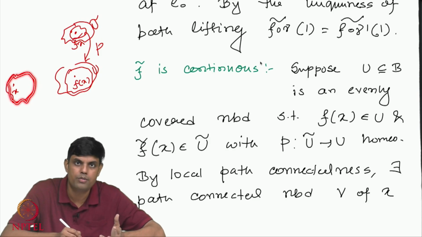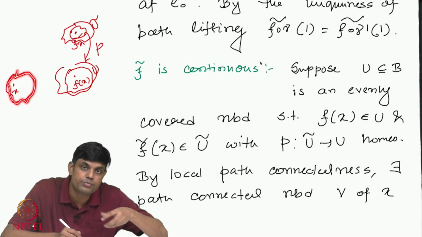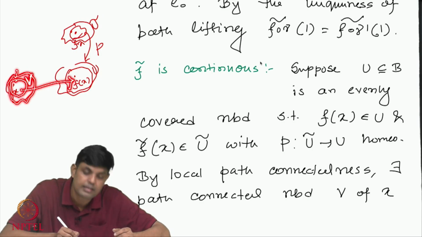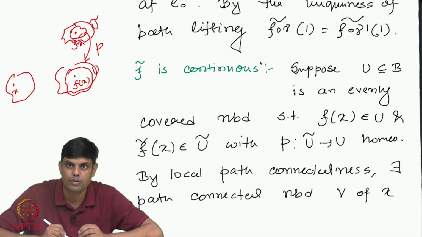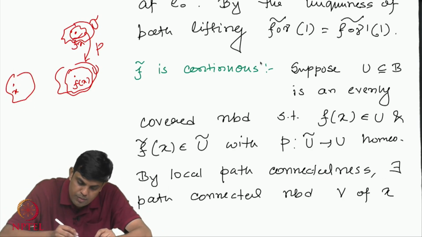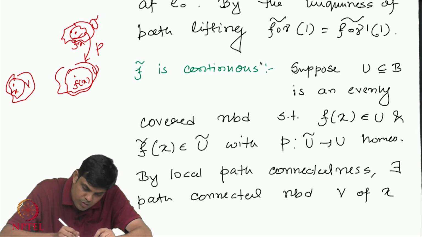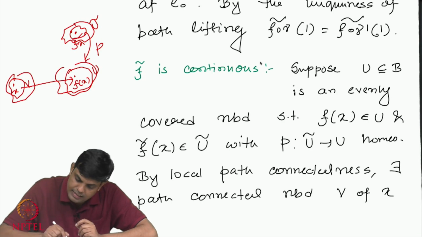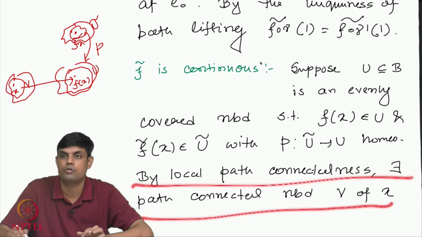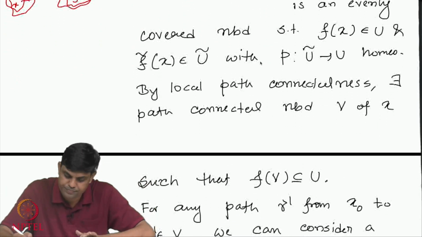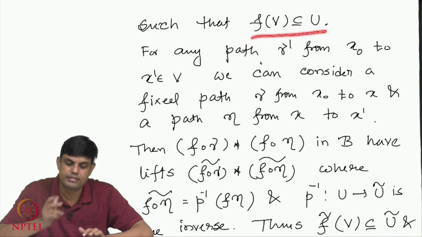This is where I am using local path connectedness: I will get a path connected neighborhood V of x which goes inside this evenly covered neighborhood, such that f of V is inside U.